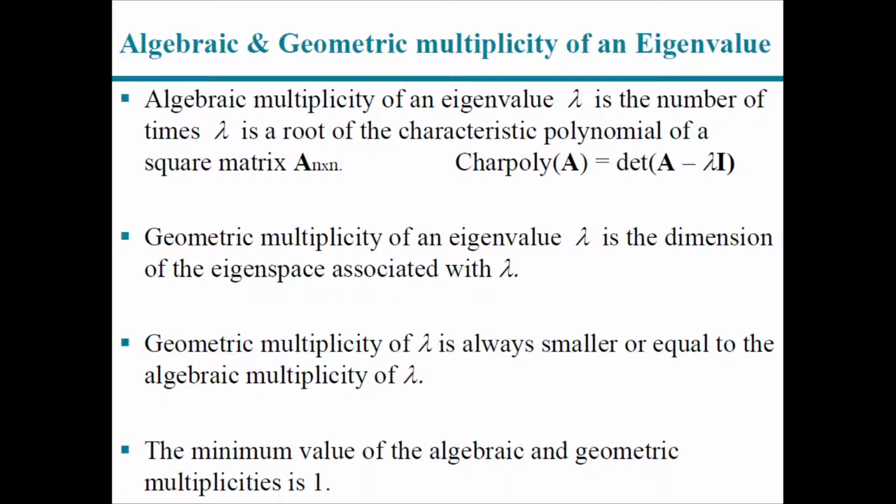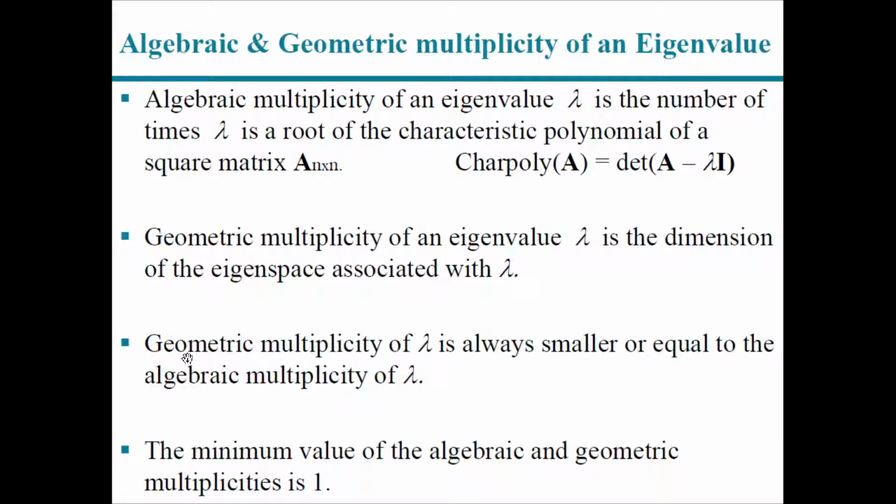Simple. And then we had another type of multiplicity, which was geometric. So the geometric multiplicity of an eigenvalue is the dimension of the eigenspace associated with the eigenvalue. So we already know that eigenvalues that have algebraic multiplicity 1 have geometric multiplicity 1 also. That's mandatory.